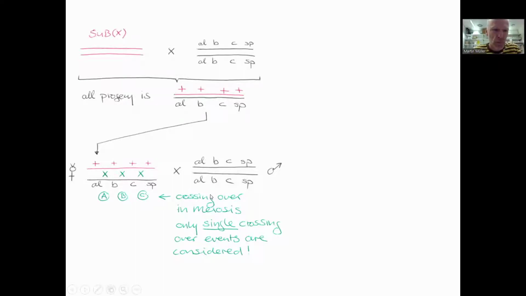Only when we separate Aristoteles and black from curved and speck can we identify them, and we can identify them because we are crossing them back with Aristoteles black curved speck. The markers are recessive. That's why we have to cross these females back to these. And now the meiotic recombination occurs in the germline of these females here.